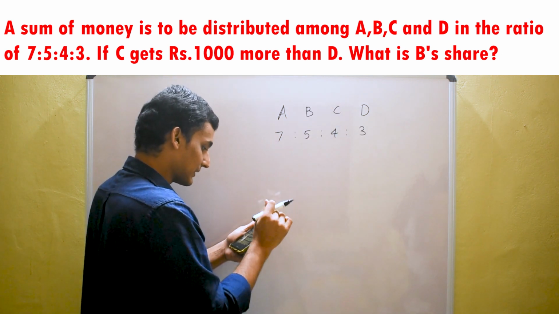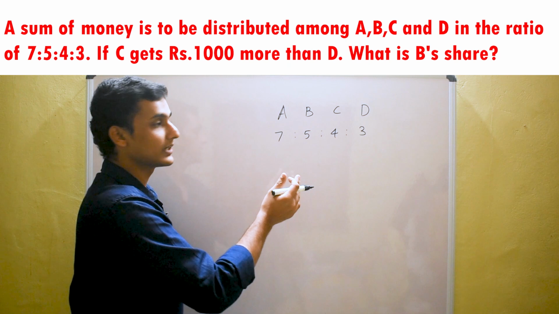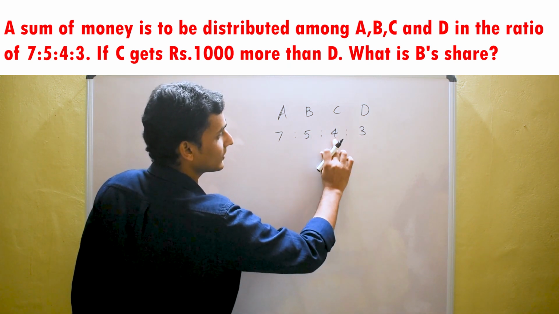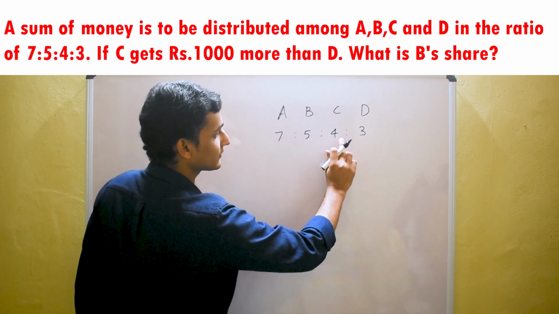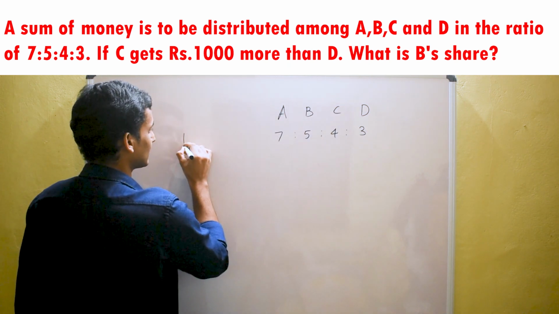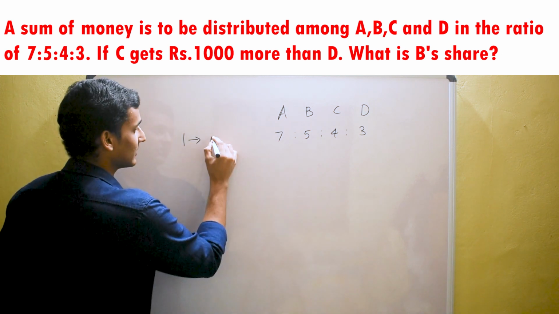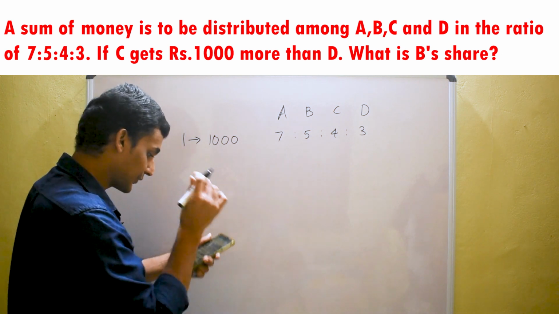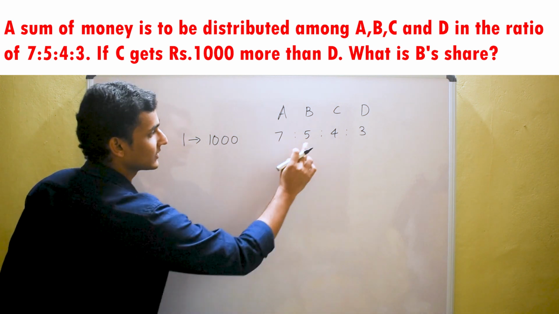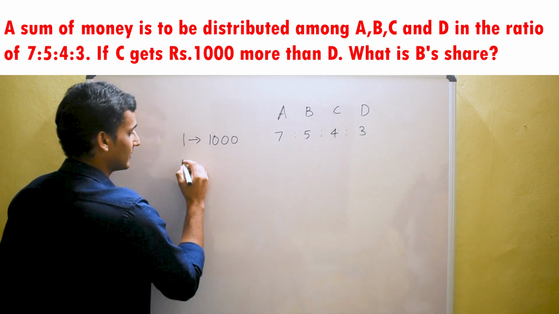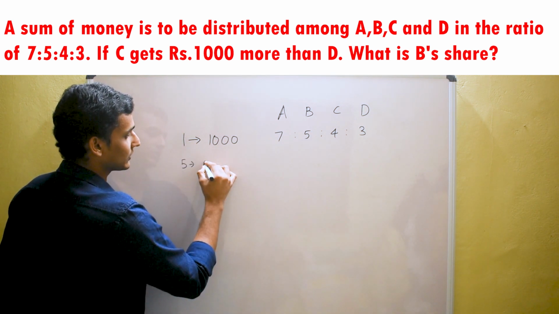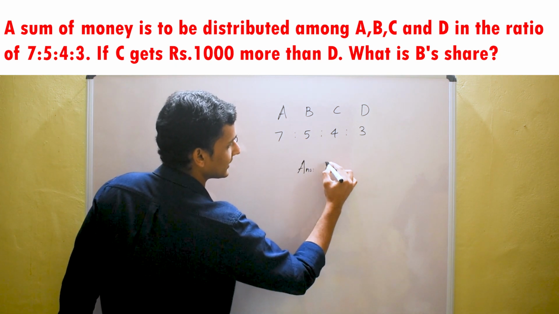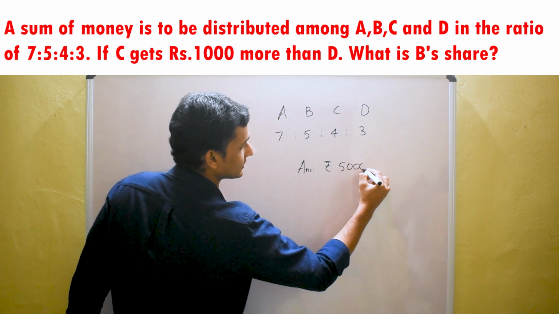Also it is given that C gets 1000 more than D. So the difference between C and D is 4 minus 3, it's 1. So the 1 is actually rupees 1000. The question is, what is B's share? B is actually 5. So 5 is actually 5 into 1000, 5000. Your answer will be rupees 5000.